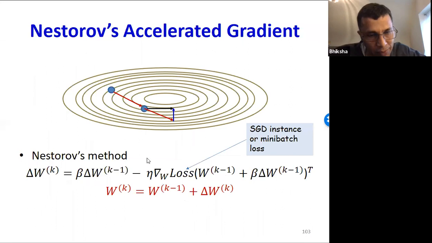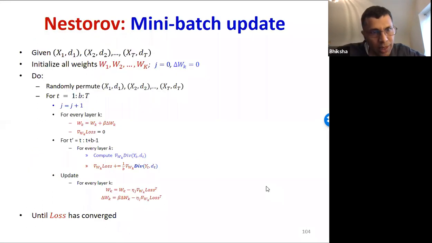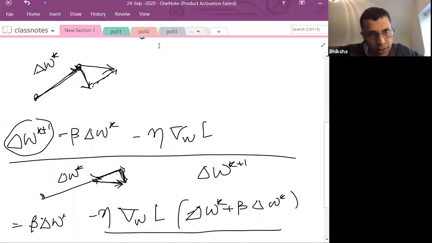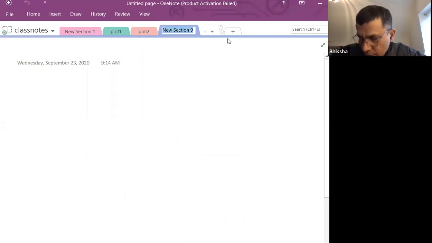And once again, if you were using Nesterov's method, this derivative is going to be computed from your SGD or your mini batch loss. Now, the problem is momentum and Nesterov's method are actually considering the average value of the gradients.